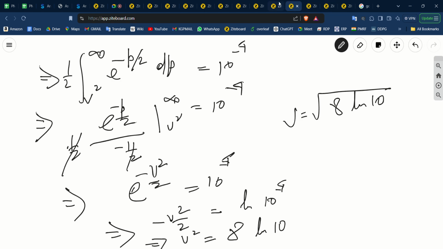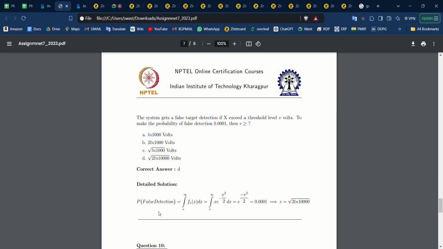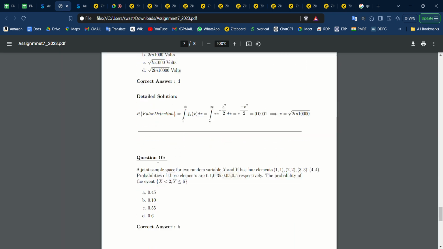Now let's specify it according to the options given, because clearly our root 8 ln 10 is not given, but don't worry. 8 can be written as 4 into 2, so V is 2 into ln 10 to the power 4, that is root 2 into ln 10,000. So the answer will be root 2 ln 10,000, option D.